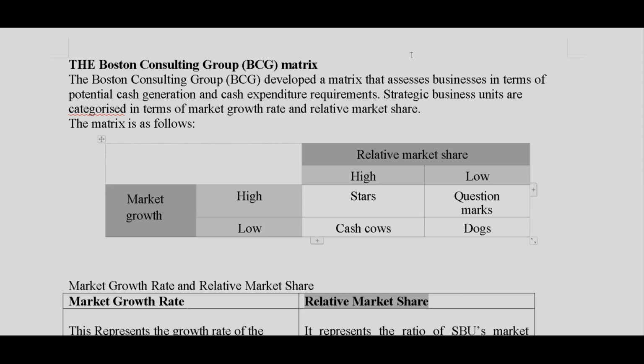Now, from when we looked at the product life cycle, you remember that it went in this fashion, from introduction of the market to growth stage to maturity stage, then to decline, right?